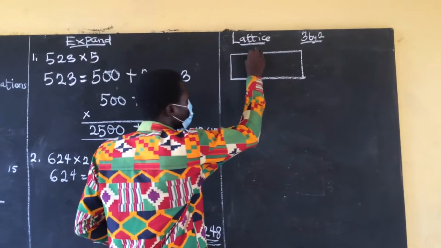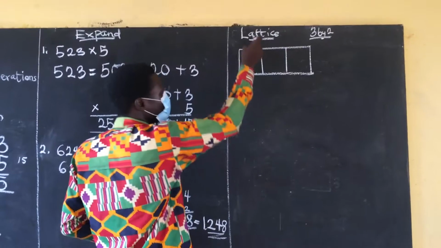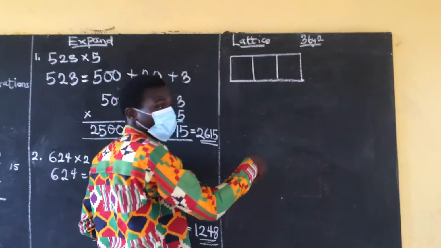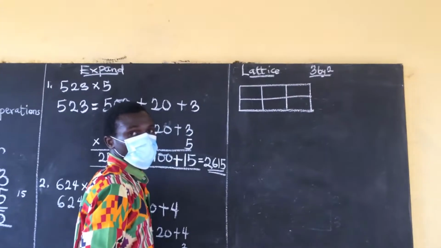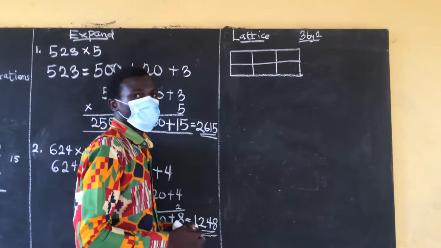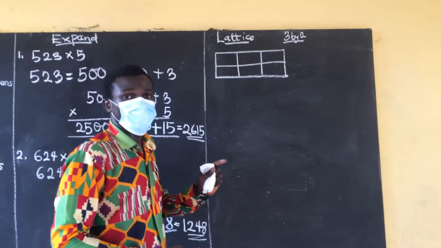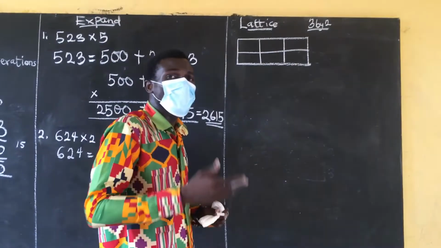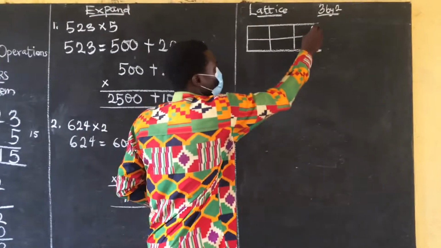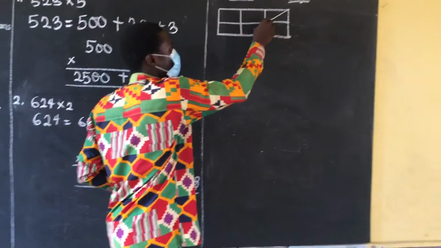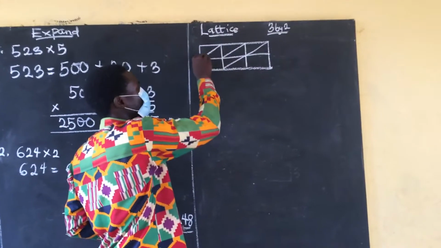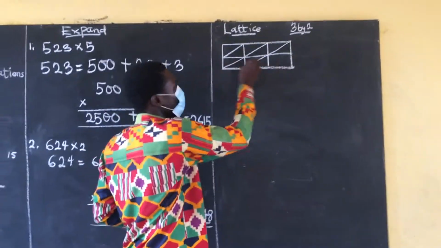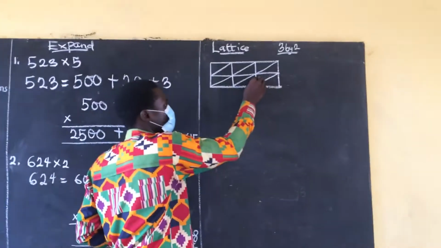Then we divide it horizontally 3, 1, 2, 3. Then vertically, we are going to divide it 2 times. Now in each box, we are going to draw a diagonal line. So we draw a diagonal line in each of the six boxes.